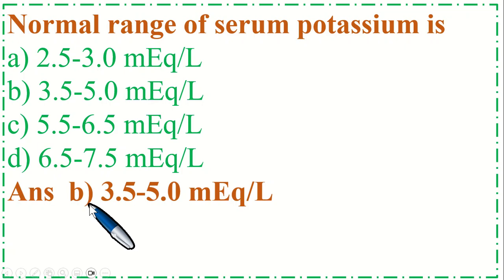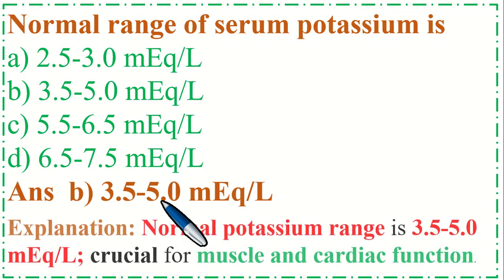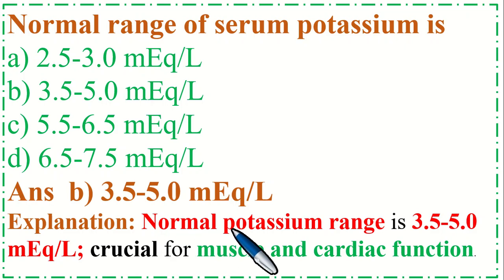So the correct option is B 3.5 to 5.0 milliequivalent per liter. Explanation: normal potassium range is 3.5 to 5.0 milliequivalent per liter, crucial for muscle and cardiac function.